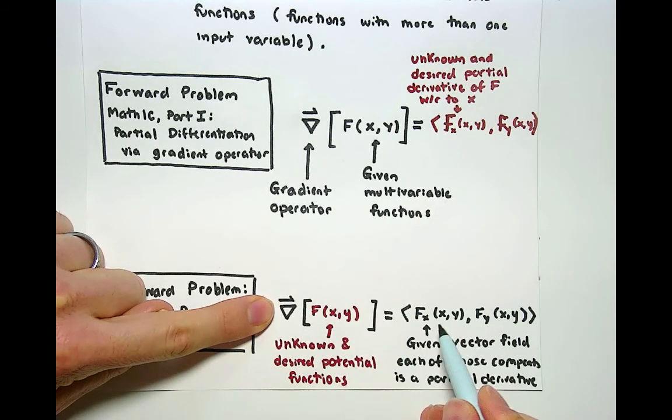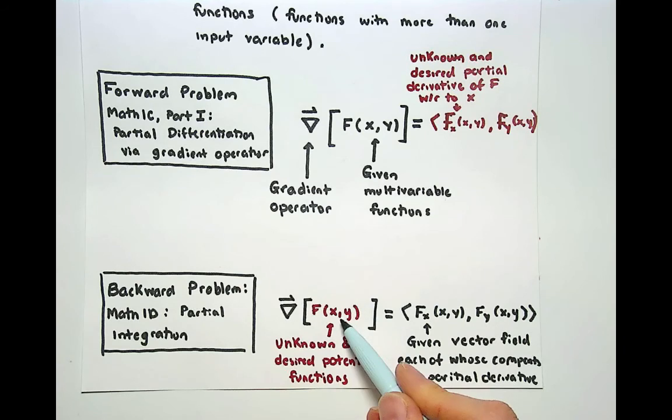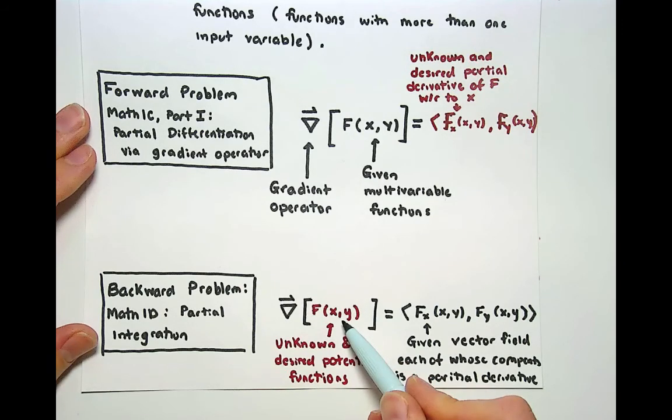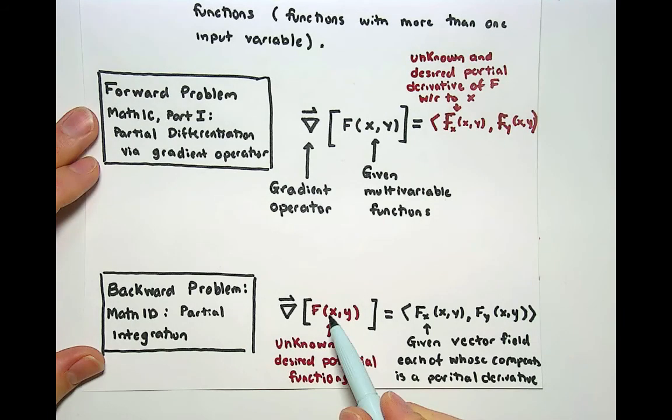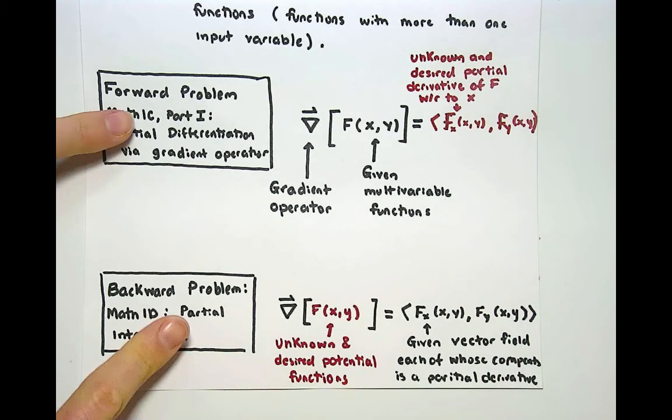In the reverse problem, I give you a list of partial derivatives, and then you find the multivariable function such that when you take the gradient, you get that list back.